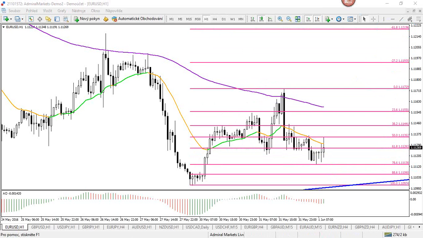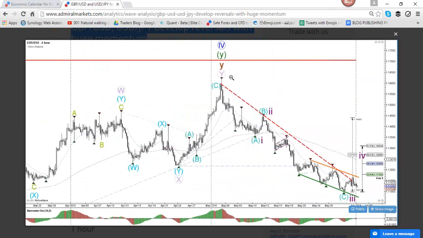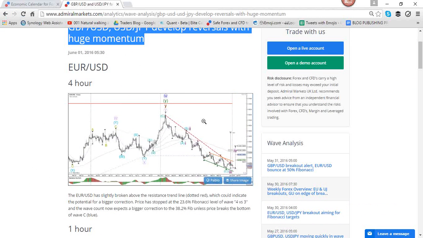On a larger time frame, if we look at the 4-hour chart, what we're looking at is either an ABC or a 1, 2, 3. Now, it could still be both, because the third move here has not gone very far compared to this move. Typically in a zigzag, the A correction is roughly equal to C, so price will do something like this. Now, this has already extended a bit further than that.